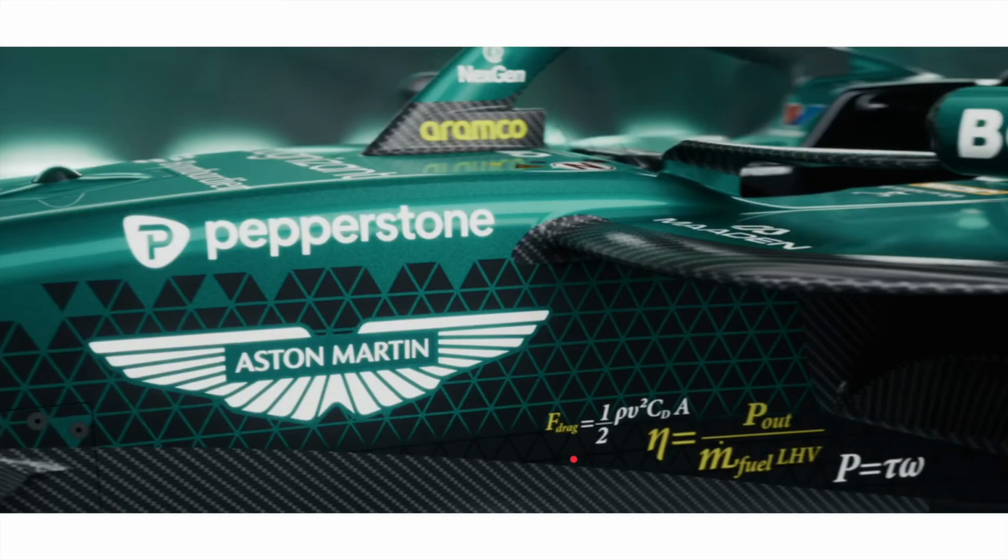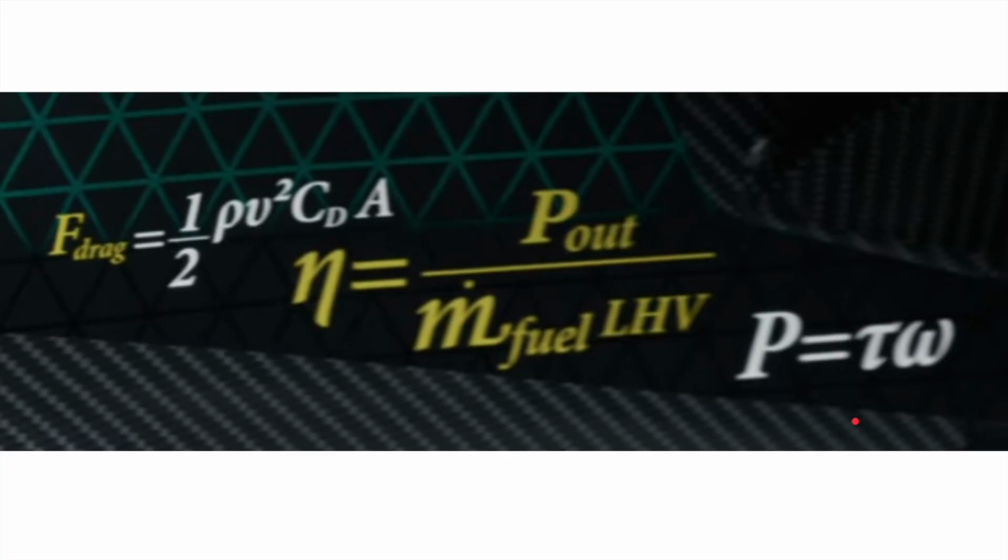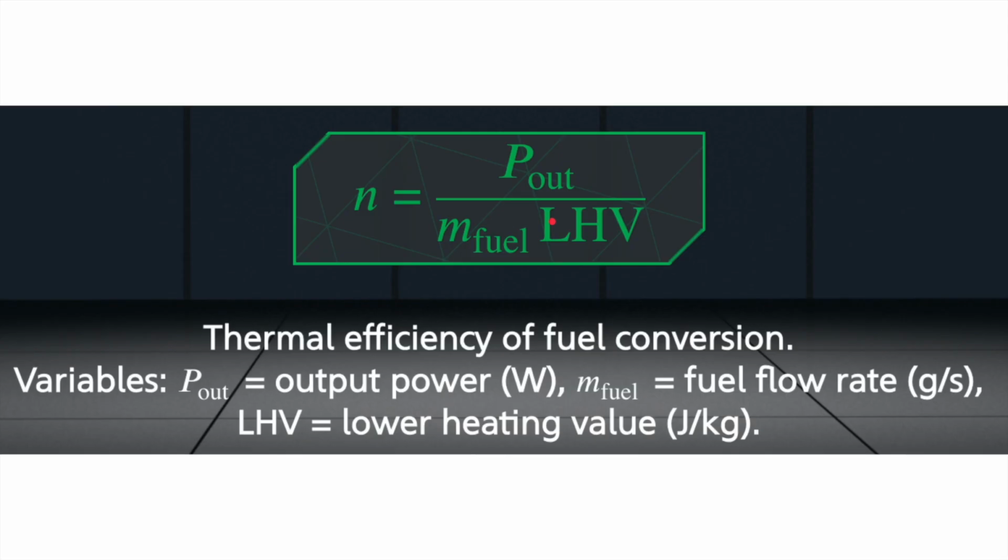Now, looking at another area on the side of the car near the cockpit, we can see the drag equation along with two other equations. The one in the middle is the thermal efficiency of fuel conversion. It is simply the ratio of the useful output power, P, and the available chemical power of the combustion reaction.